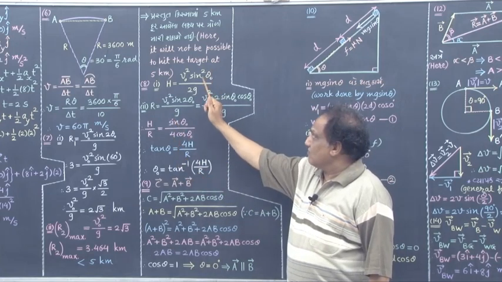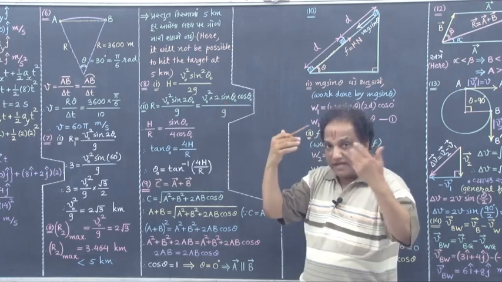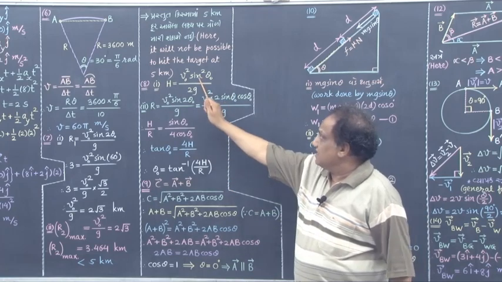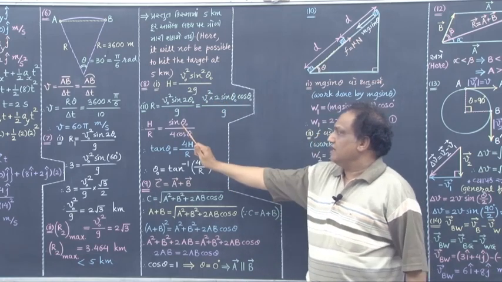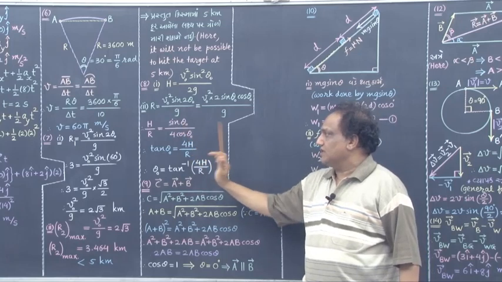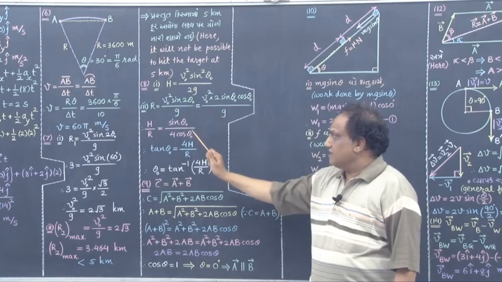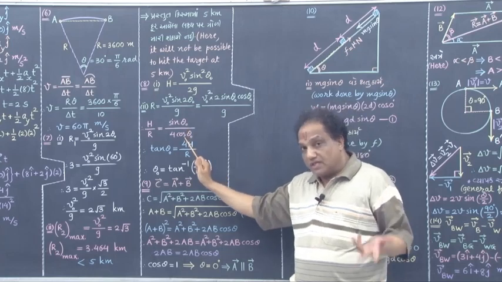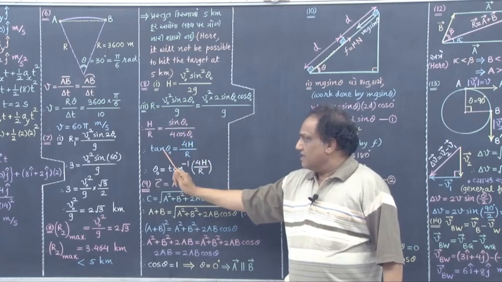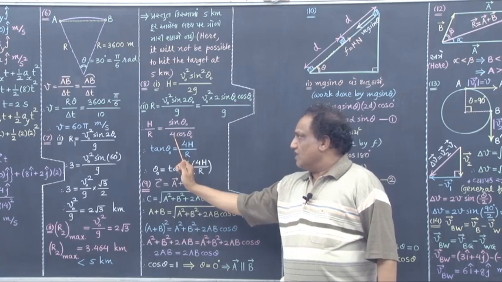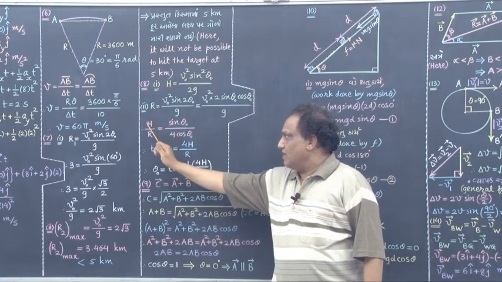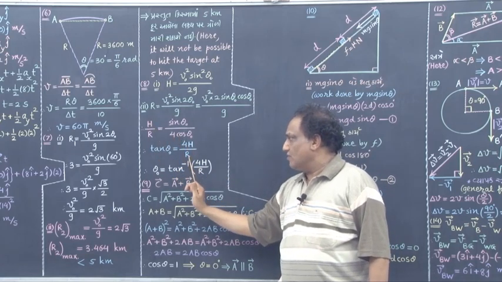And one sin theta 0 from here and this sin theta 0 will get cancelled, left is sin theta 0 upon cos theta 0, which is nothing but tan theta 0. So I am writing here tan theta 0, and this 4 I just transfer here, so 4 into H upon R.